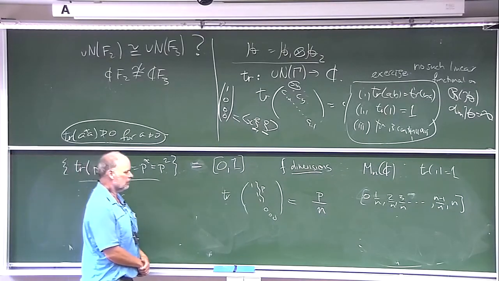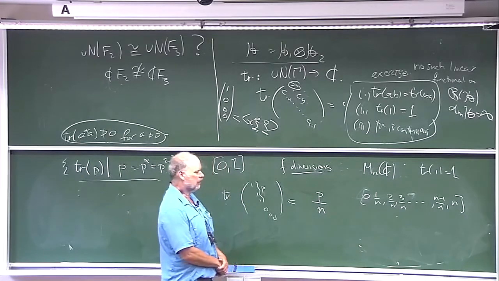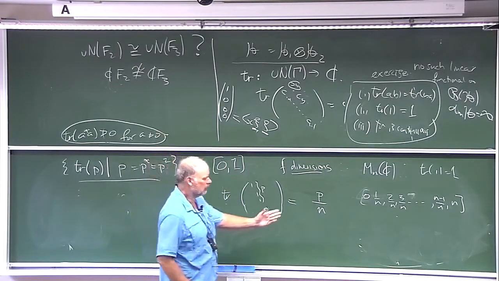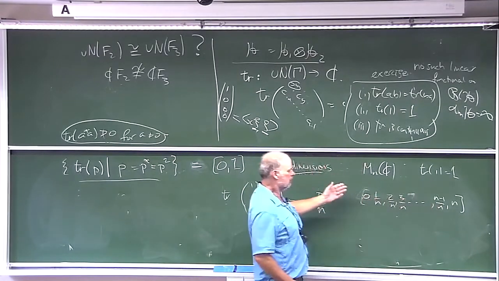So this is the sense in which these II_1 factors are some kind of continuous geometry. There's a continuous notion of dimension. Dimension in the finite dimensional case would be discrete.